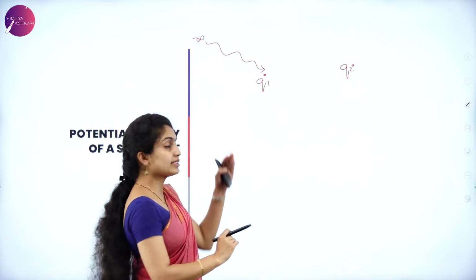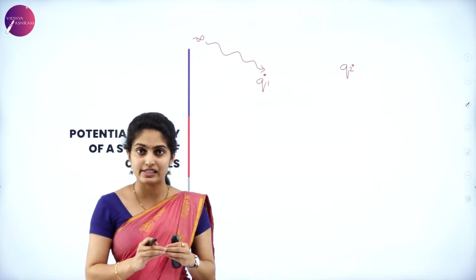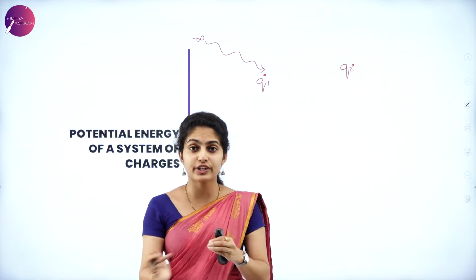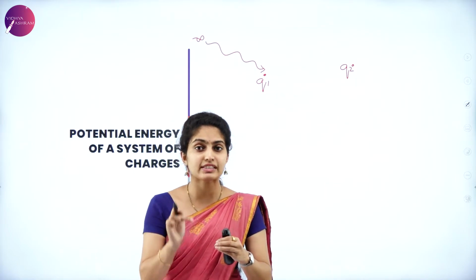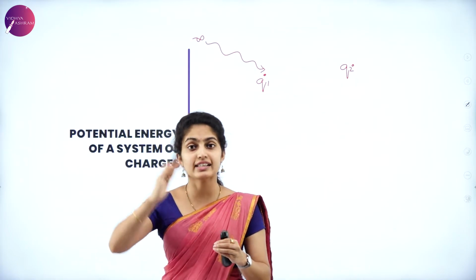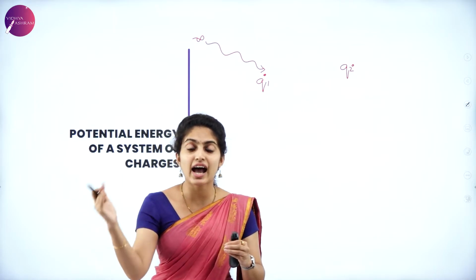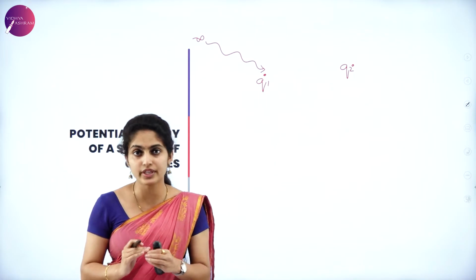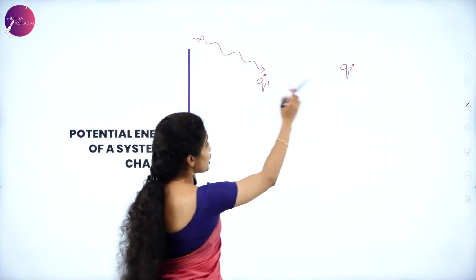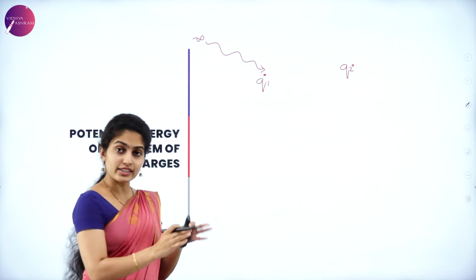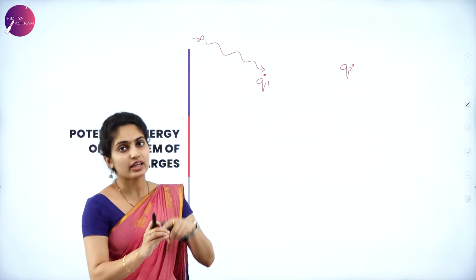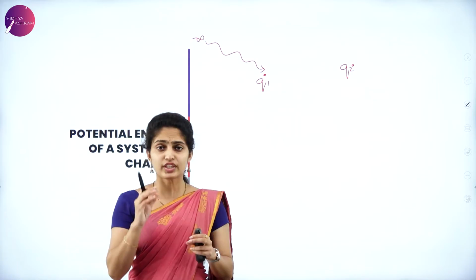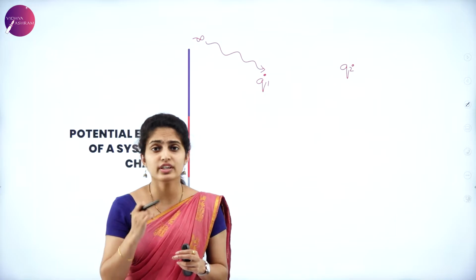Suppose Q1 is having a certain electric field, but the electric field of that own charge doesn't act upon it. Instead, the external field acts on the certain charge, probably that is Q1. External charge means Q2 acts on Q1, or else Q1 is supposed to act on Q2, but Q2's field doesn't act on itself.